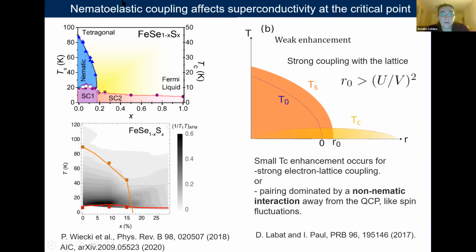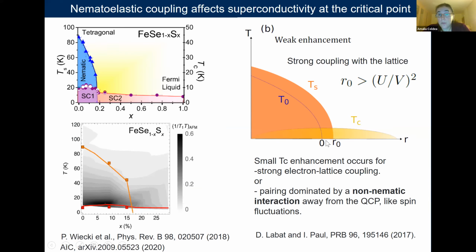So now thinking about superconductivity, we learned that in the presence of the coupling with the lattice, the superconductivity is unlikely to be enhanced at the nematic critical point, as initially suggested by theory, which did not consider the effect of the lattice. But also in this particular material, it's probably telling us that the pairing might not have been influenced by nematic fluctuations at all.